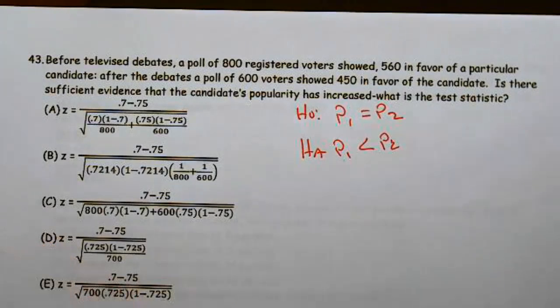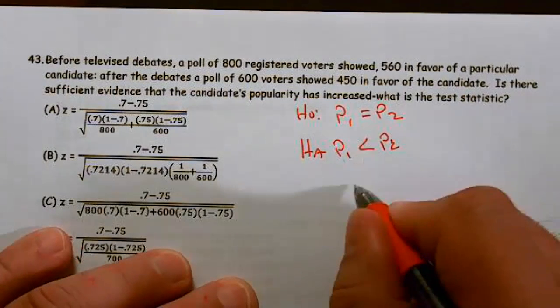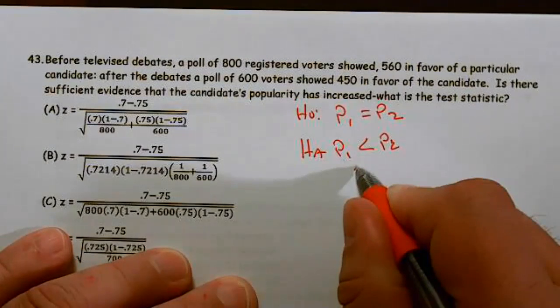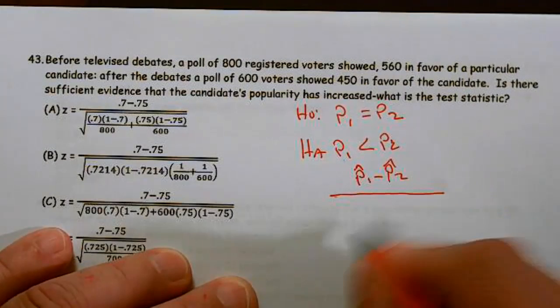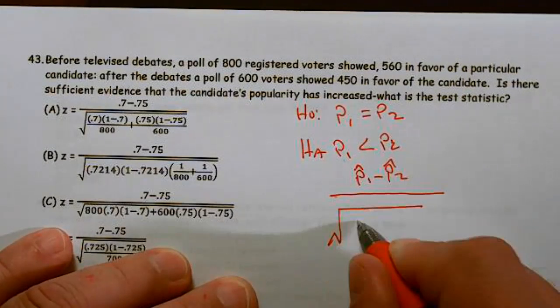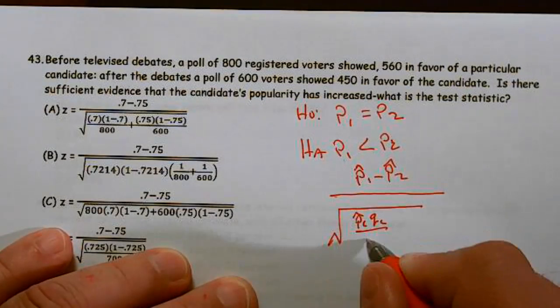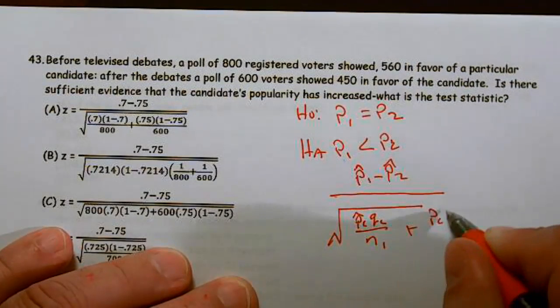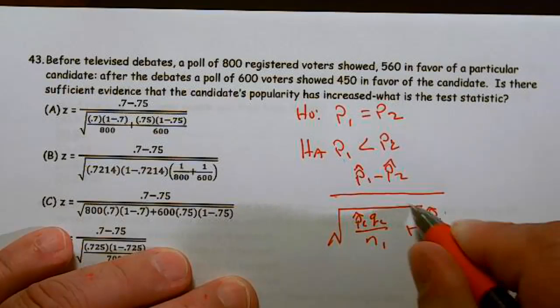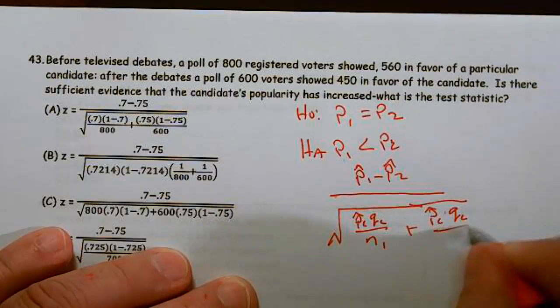Well, remember, we have an interesting formula for this. It's basically going to be p hat 1 minus p hat 2 over the square root of p combined, q combined, over n1 plus p combined, q combined, over n2.